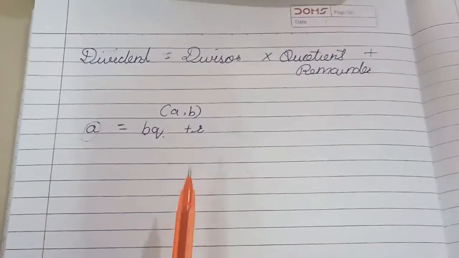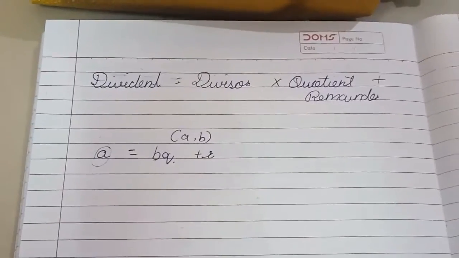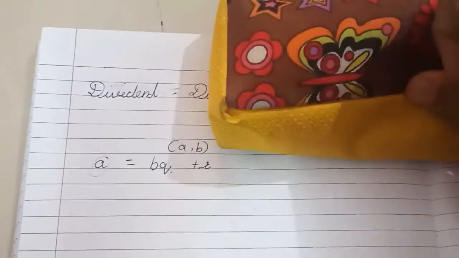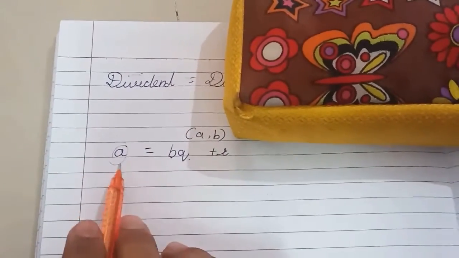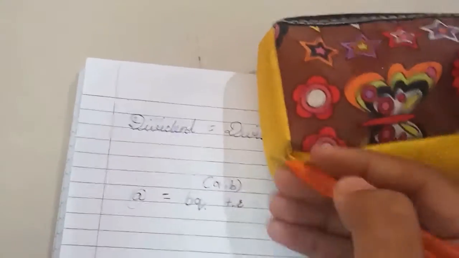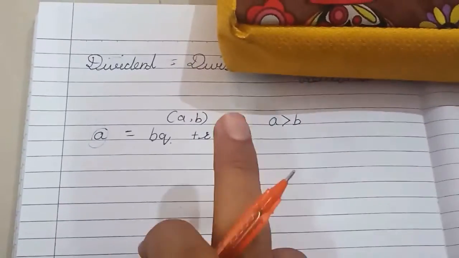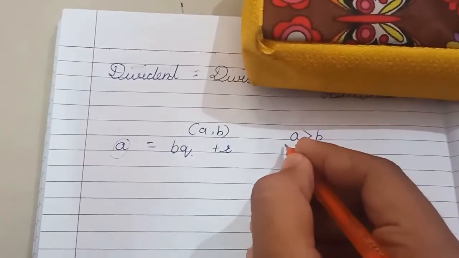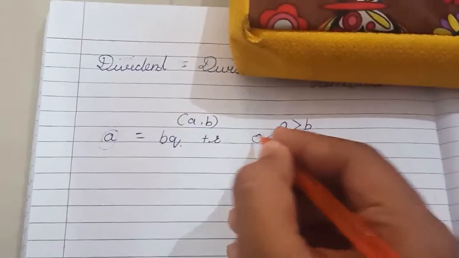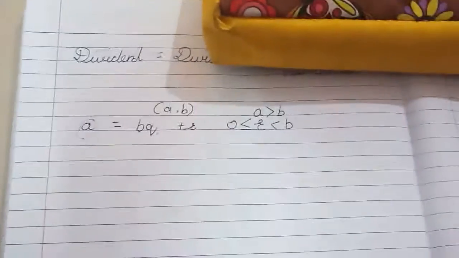If 2 integers are there, that is a and b, it can be expressed in the form a = bq + r, where a is greater than b. Okay, and here is one condition: r can be greater than or equal to 0, but it is always less than b.